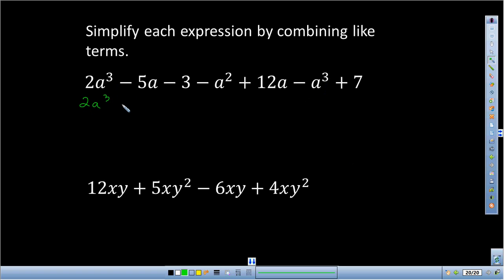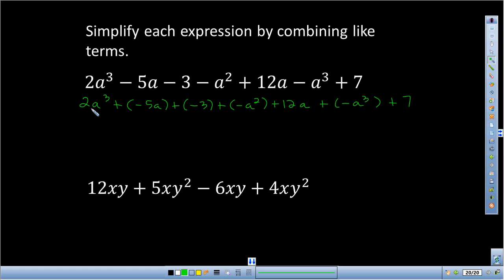So we have 2a to the third power, add negative 5a, add negative 3, add negative a squared, add 12a, add a negative a cubed, add 7.